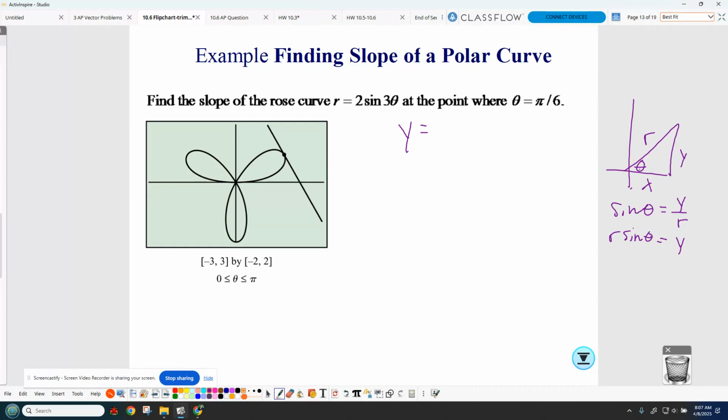Now it's that. So what is y going to be? Yeah. Okay, gross. The trig function has those guys together. So.